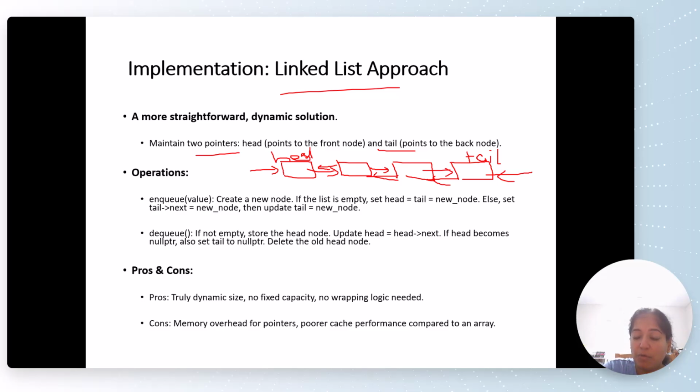Whenever you need to perform the DQ operation, that is, remove the element, you perform it from the head position. It is easy since you do not need to define any capacity. No drifting logic or problem of finding the next index is there. So it is easier to implement because it is dynamic in nature. But the problem is, you need to implement additional pointers at every node, which is a memory overhead.